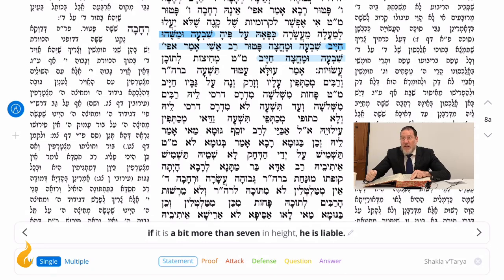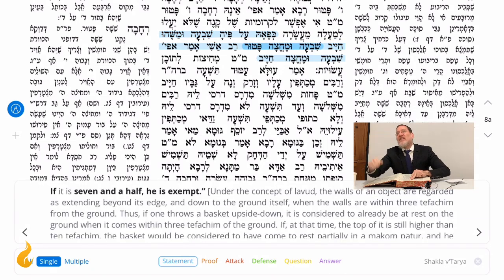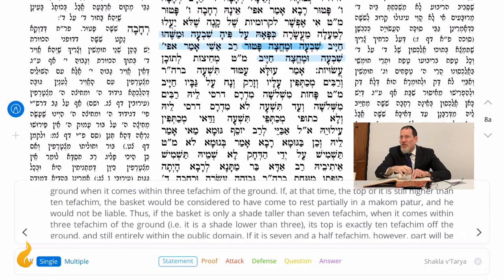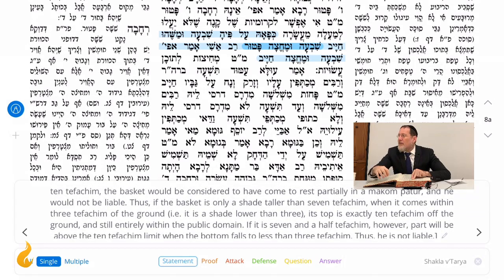But if it's a little bit more than 7 and a bit, he says 7.5, it can even be 7.2, which means that the moment it entered halachic ground, which is 2.9, the top of the keli, it's upside down, is above 10. Everyone subscribes to the rule that we just said, that in order for you to be chayav, all of the keli has to be within this new domain.